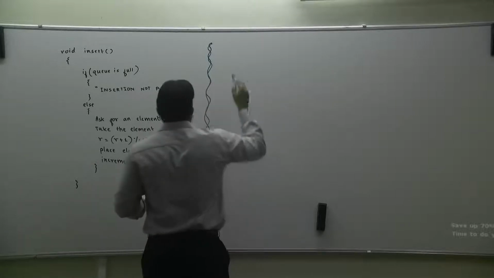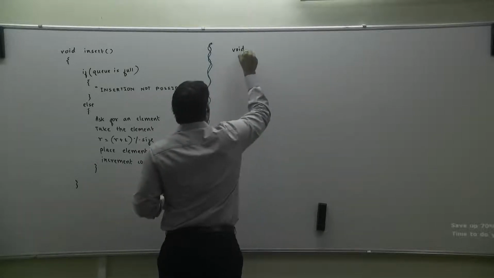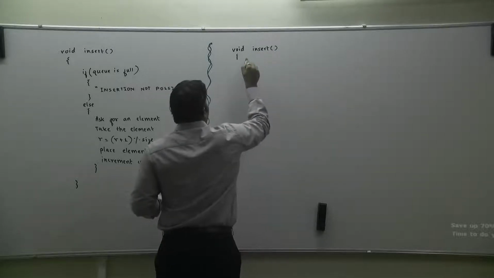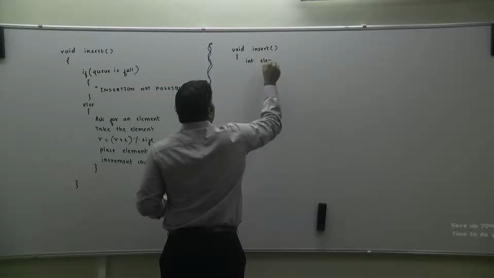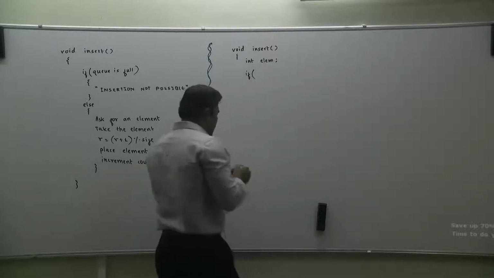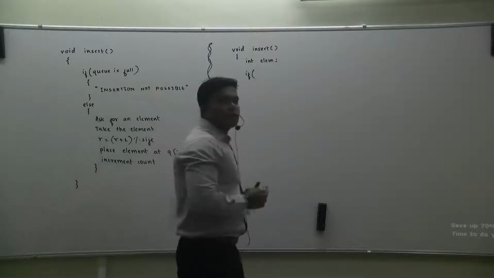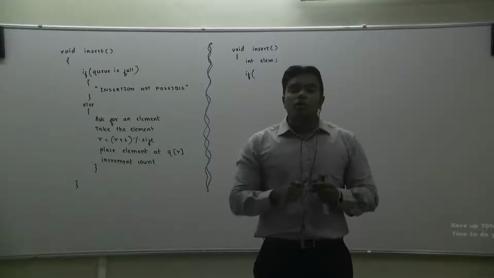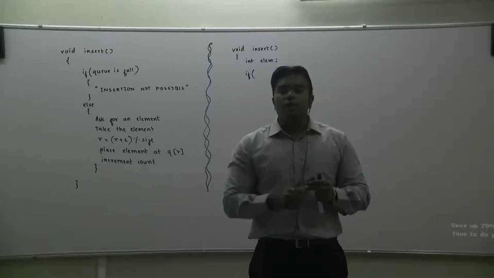This is our void insert. In this, I will declare one variable called element because I require this. After that, if in case queue is full, that is what I have told here. If in case queue is full, how will you come to know the circular queue is full?